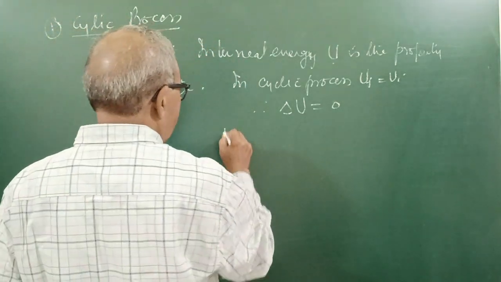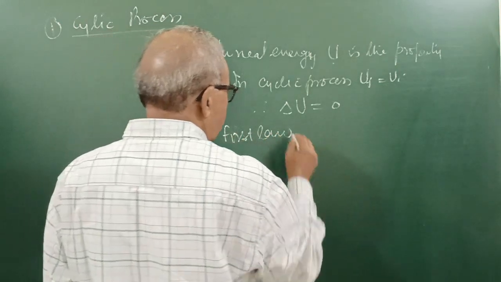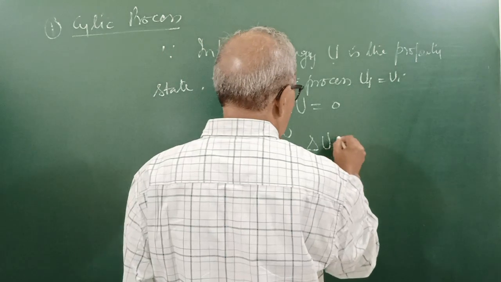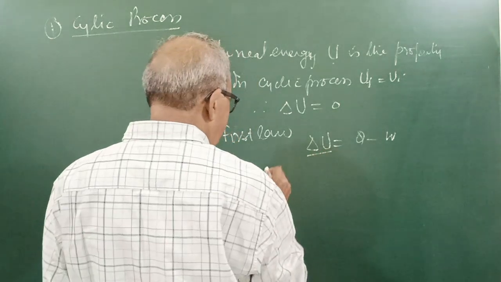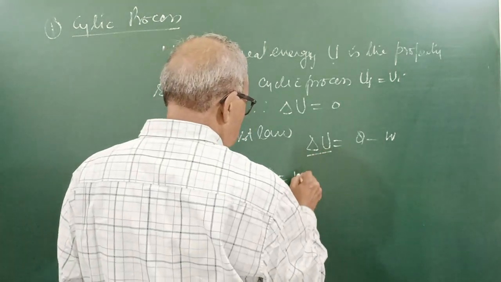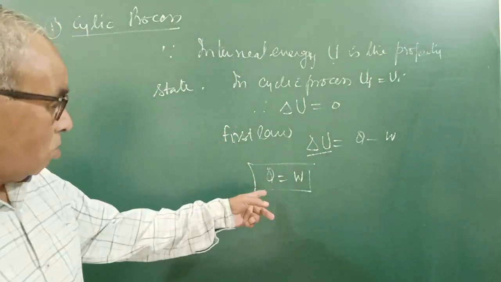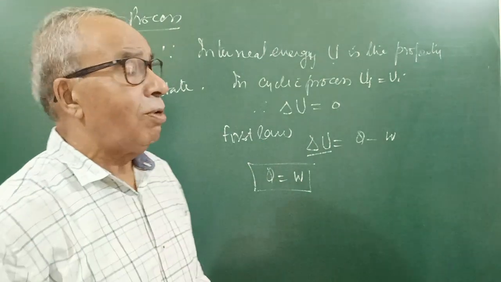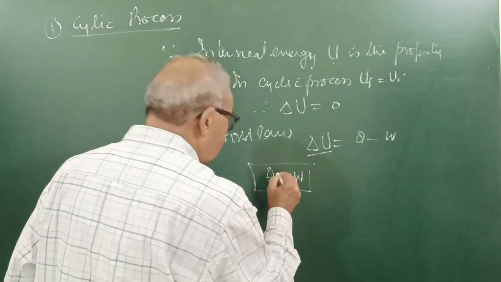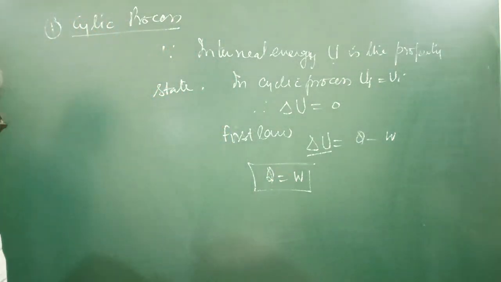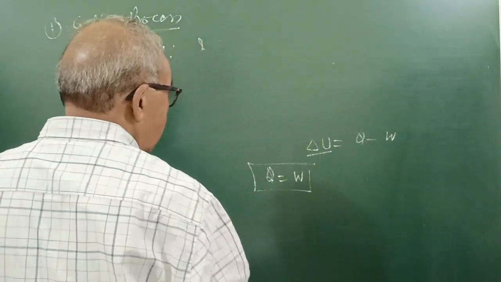And from the first law we have delta U is equal to Q minus W. If delta U is 0, then Q is equal to W. Means if heat is given to the system, then work will be positive, means work will be done. And in a cyclic process, whatever heat is given to the system, the system uses in doing work against atmospheric pressure during expansion. You can write it.